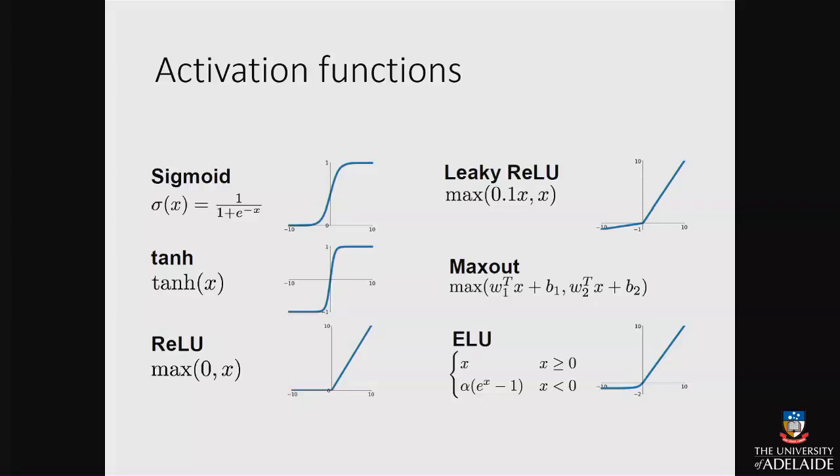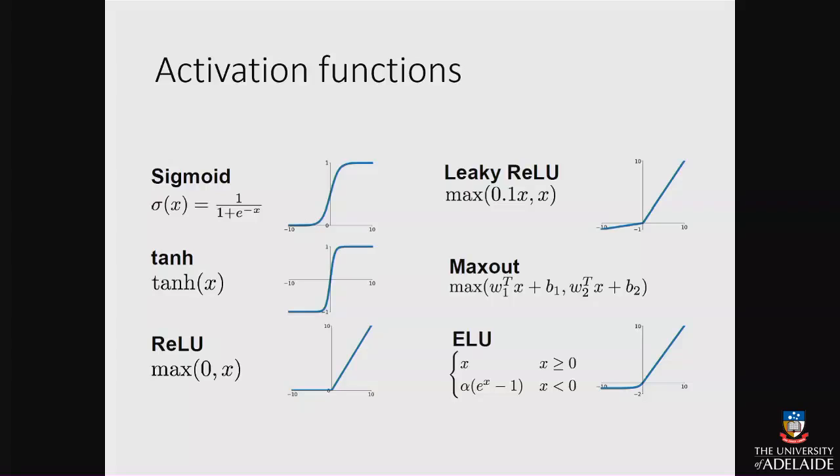We can prove it mathematically. Basically, a combination of several linear classifiers is still a linear classifier. So to make the neural network a nonlinear classifier, we apply nonlinear activation functions on the neurons, right?